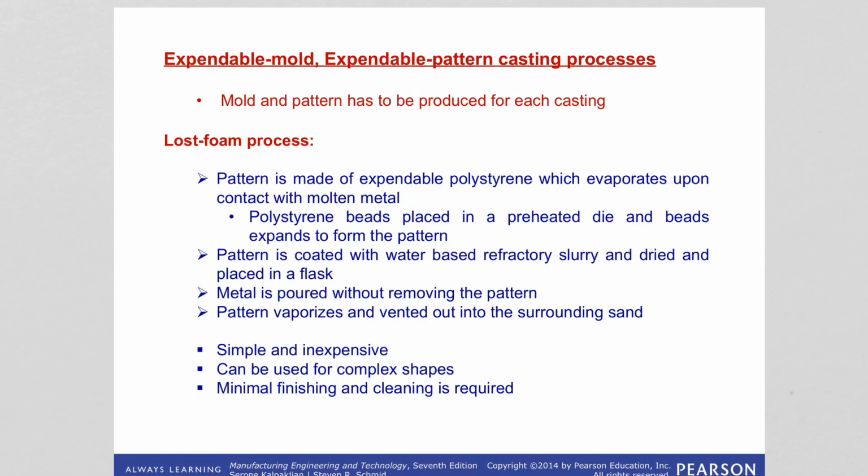When the beads are placed into the preheated die, they expand and take the form of the pattern. The die is cooled and then opened, and we remove the polystyrene pattern. And then the pattern is coated with water-based refractory slurry and dried and placed in a flask.